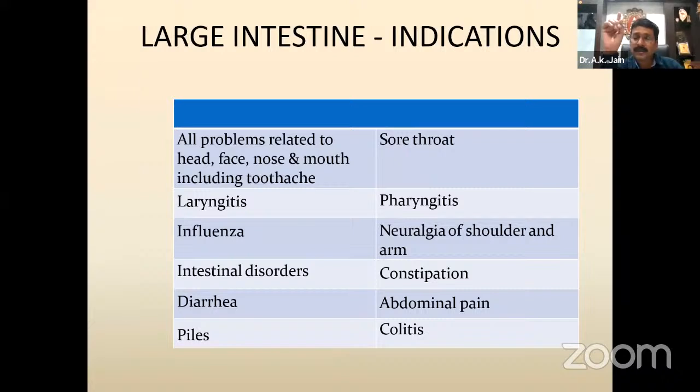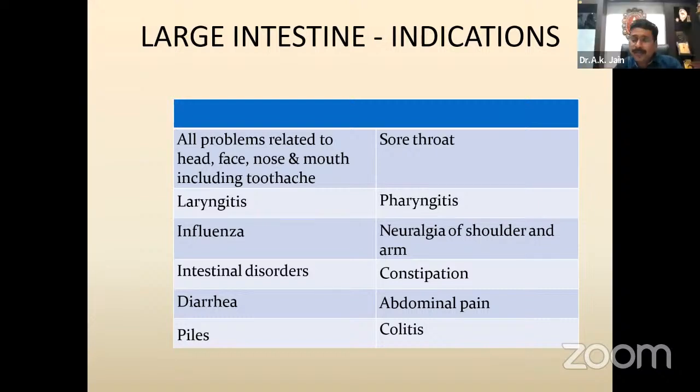The channel of LI1 goes along the pathway from the index finger to the dorsal side of the palm, and after that it goes to our arm, and then to our neck area. After that it goes to our nose, and the last point of the large intestine is LI20. This is the last point of the large intestine.